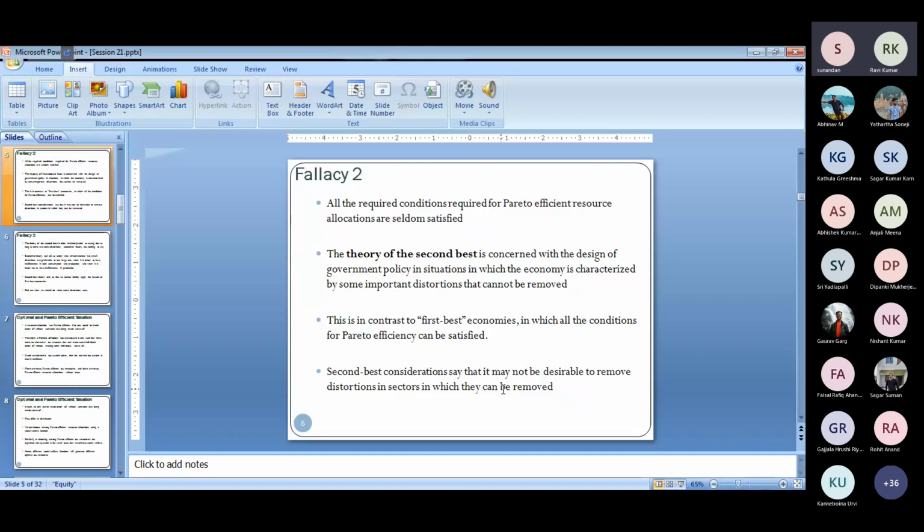These Pareto efficiency conditions are seldom met. But how far do I deviate from Pareto efficiency? Because I have certain targets, I have to get that much revenue, I will sacrifice a little bit of Pareto efficiency and settle with the second best alternative, where I sacrifice Pareto efficiency maybe marginally, but I achieve my targets because I'm bound by my targets.